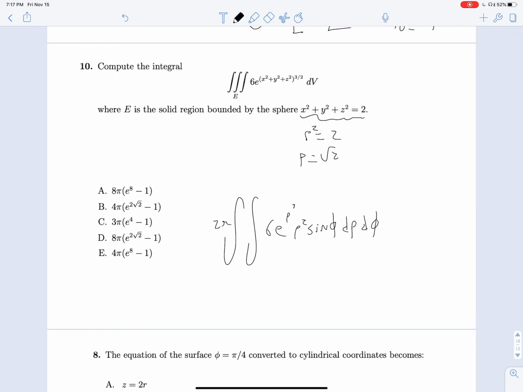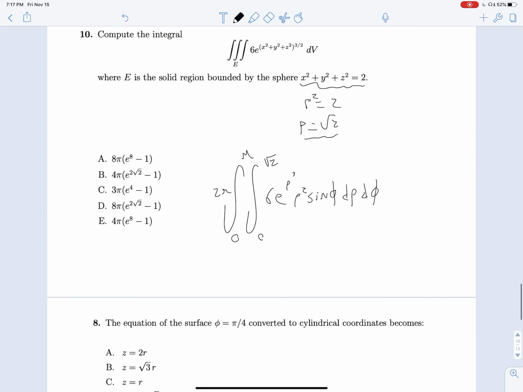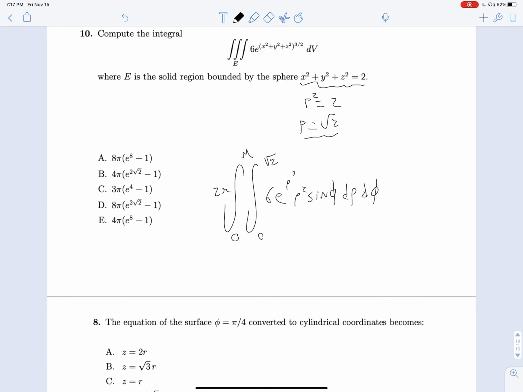Okay, and let's set up our bounds. We know that rho is bounded by 0 and root 2, like we established up here, and phi is not bounded by anything, actually, so 0 to pi. And we are ready to integrate.